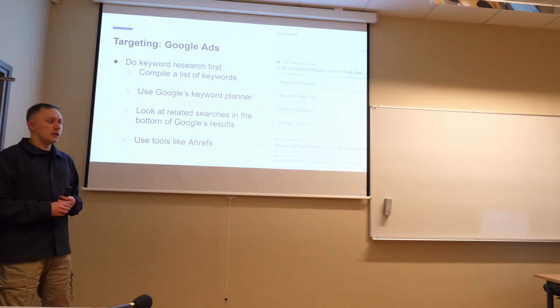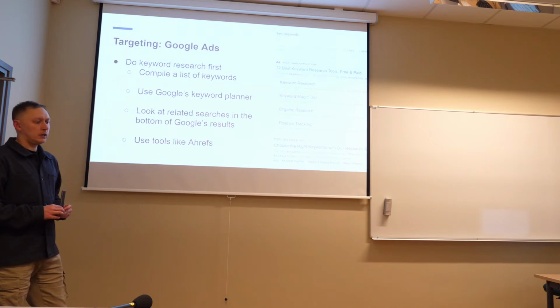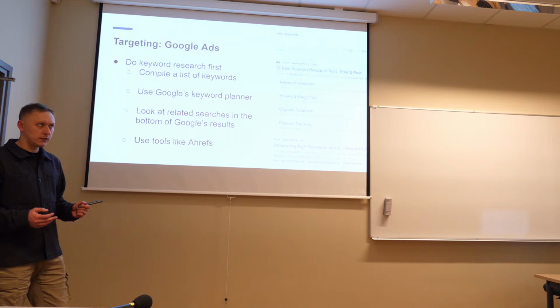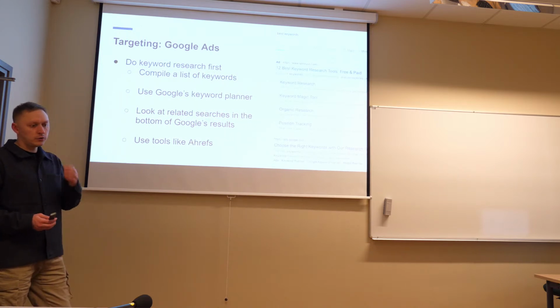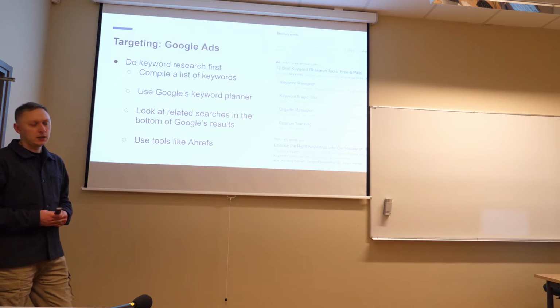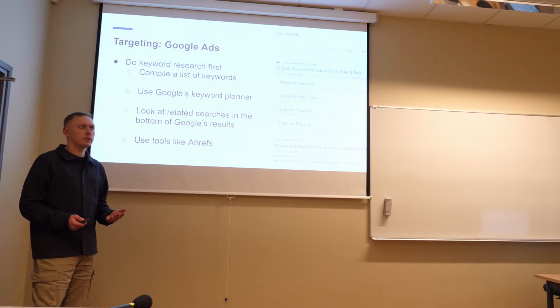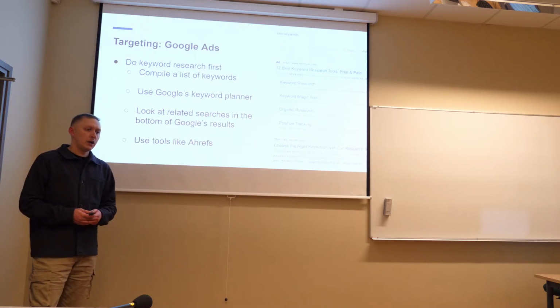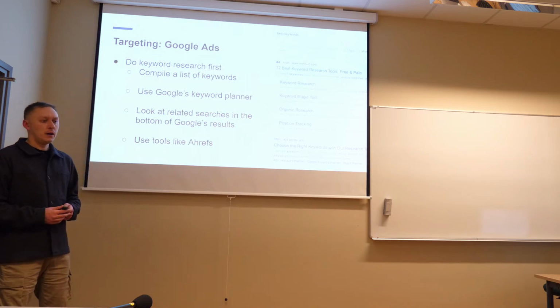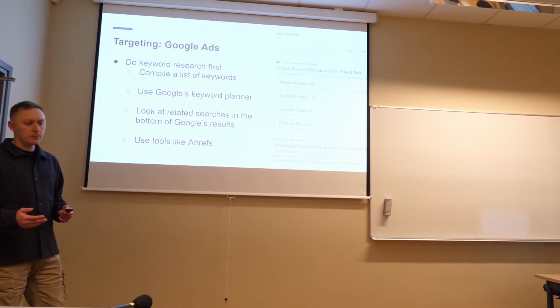Sounds illogical, but it is actually recommended because it's very competitive. You can bet that Samsung's competitors, Philips, Sony, the others, or when we talk about phones, then Apple, probably bid on their competitors' keywords. They want to have their ads there.